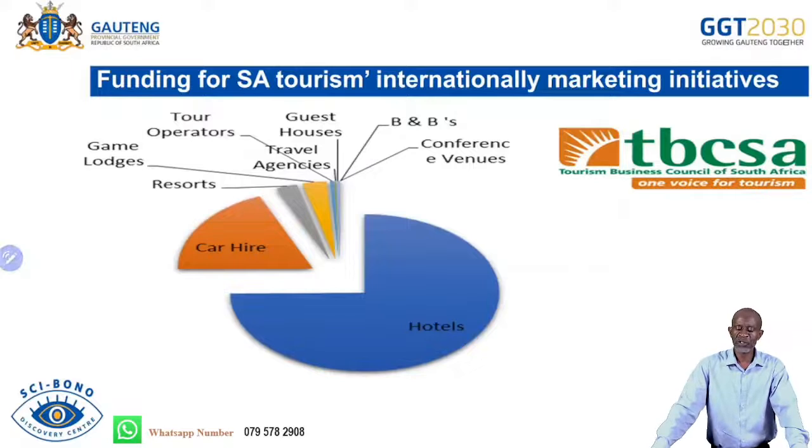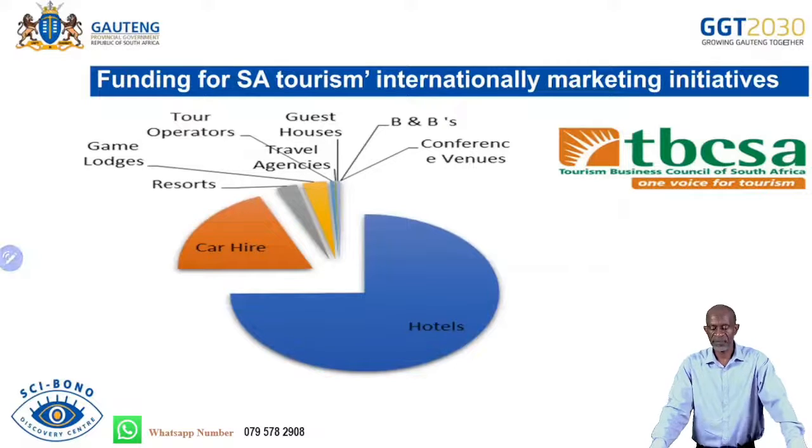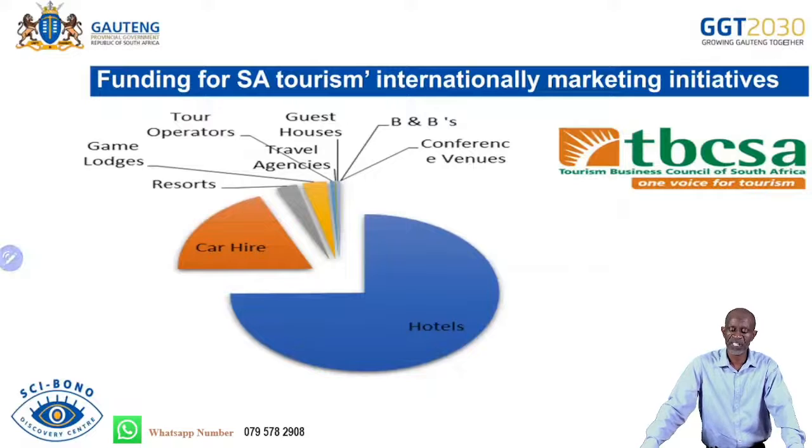Funding for South African tourism internationally, marketing initiatives. This is the distribution of this funding. As you can see, mostly we derive it from hotels, followed by car rental, and other tourism stakeholders who benefit out of the Tourism Business Council of South Africa.